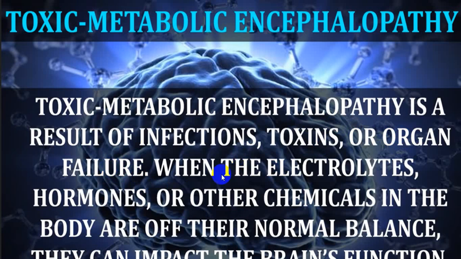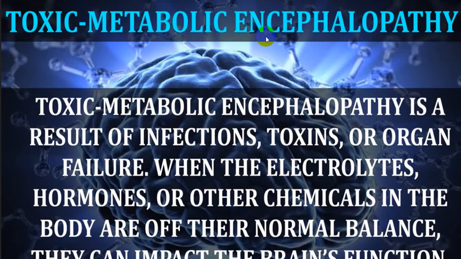You can also have encephalopathy secondary to infections or some toxins. Electrolytes like hypernatremia can be another very common etiology. You can also have it because of hormonal imbalance or acid-base imbalance. These all are put together into a group called toxic metabolic encephalopathy.